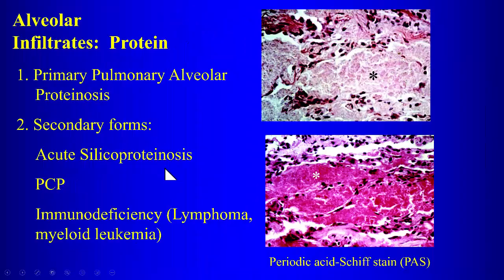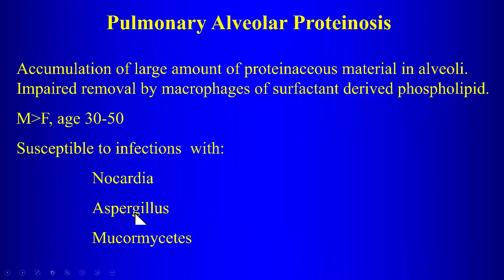So pulmonary alveolar proteinosis. There's the primary form, and then there are secondary forms that you can get from massive exposure to silica. Patients with pneumocystis also develop an alveolar proteinosis, and it can be associated also with lymphoma. So there's a large amount of proteinaceous material. It's thought to occur from impaired removal by macrophages of this surfactant-derived phospholipid.